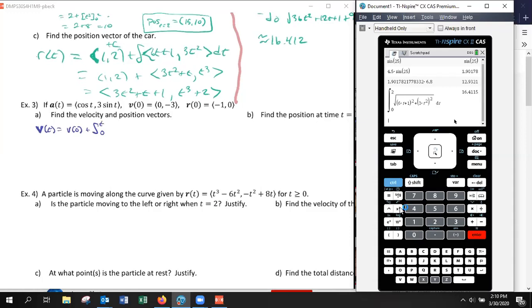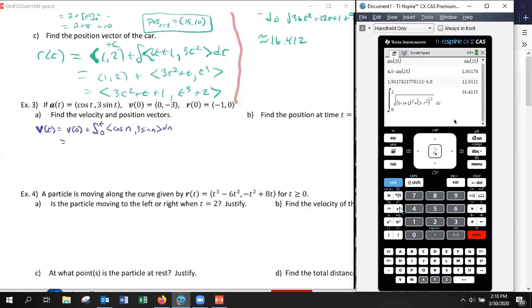This kind of uses the second fundamental theorem of calculus if we apply it in this direction. So we'll take the integral from 0 to t of cosine of n, -3 sine of n, dn. I need a dummy variable, let's call it n. Probably shouldn't have used n because of the sine, but too late now.